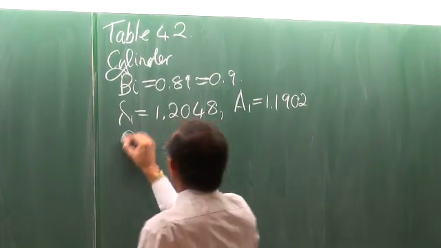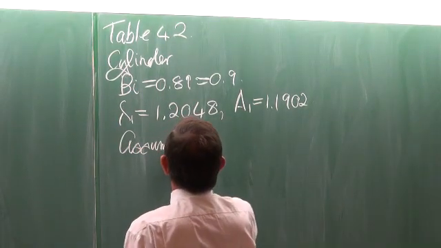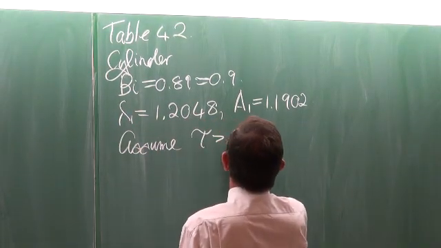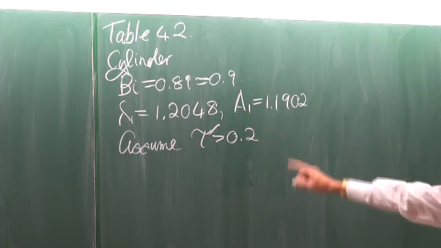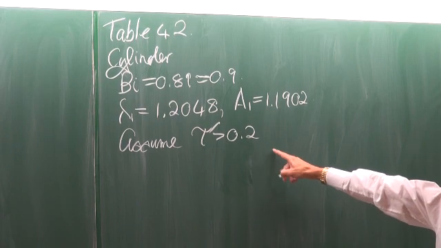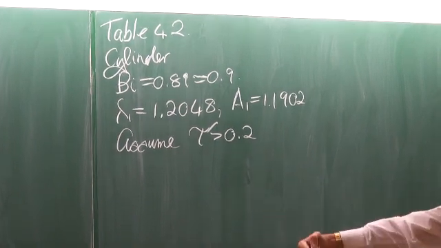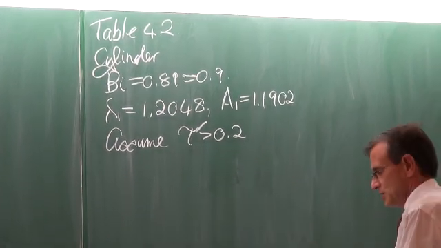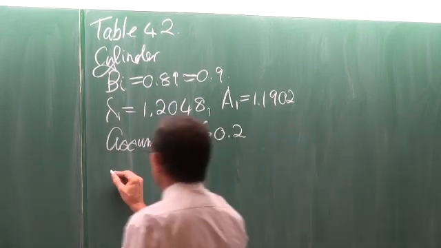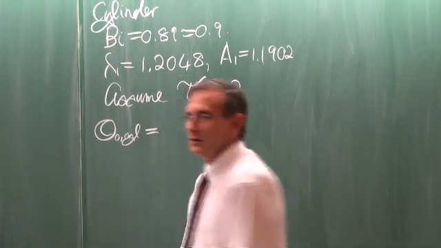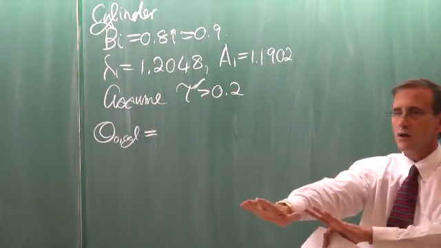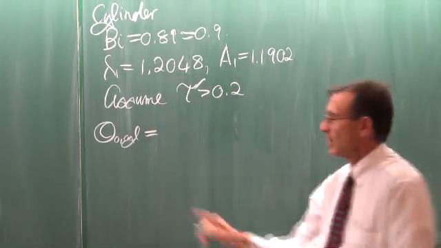And I'm going to assume tau is larger than 0.2. I cannot work out tau now because I need the time, and I don't have the time. We've done it yesterday. It is in your textbook, or you can derive it very easily from that equation.